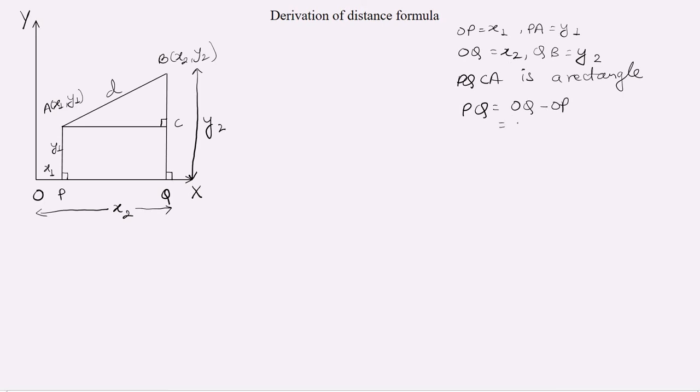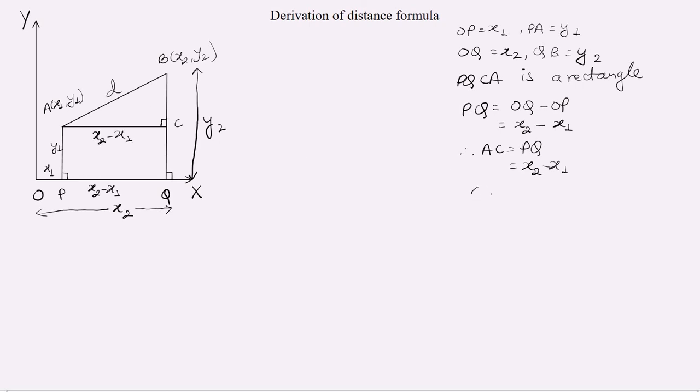The measurement of OQ is x2, minus OP which is x1. So PQ, its measurement, is x2 minus x1. As PQCA is a rectangle, its opposite sides will be equal. Therefore AC equals PQ. It means the measurement of AC will also be x2 minus x1.